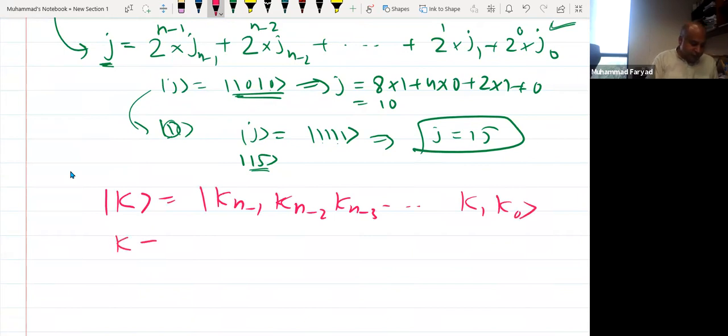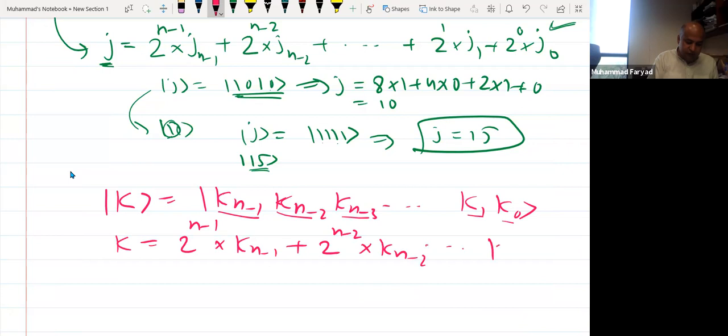And k is again 2 power n minus 1 into k_{n-1}. And by the way, these numbers can be only 0 or 1, so these are binary numbers, plus 2 power n minus 2 into k_{n-2}, all the way to k_1 into 2 plus k_0. So this is how we can compute the decimal value of k.